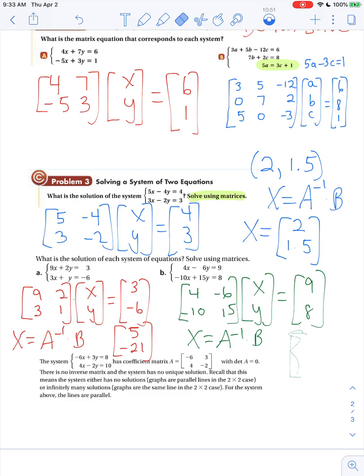All right, so on B, you should be getting an error. There's no solution using matrices.